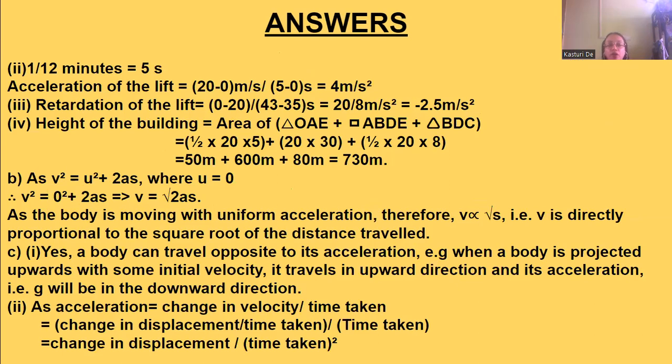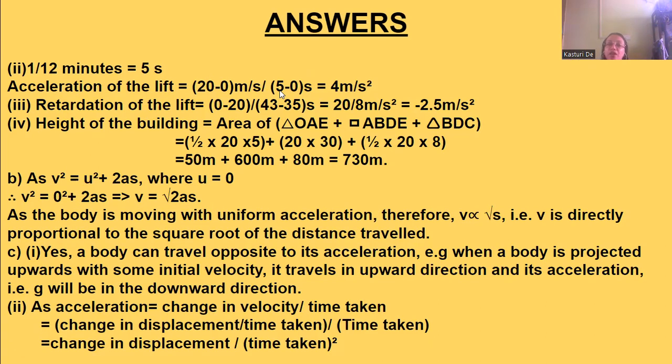Now, what will be the acceleration of the lift? That is over 1/12 of a minute, which is 5 seconds. So acceleration of the lift will be change in velocity by time: final velocity minus initial velocity by time, 20 minus 0 by 5 seconds, for the first 5 seconds.